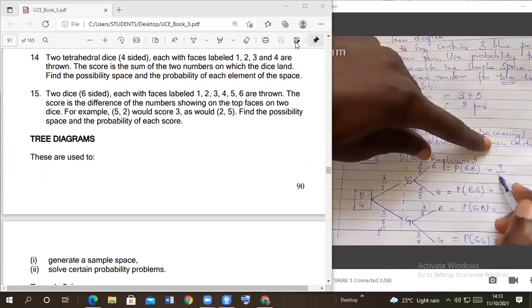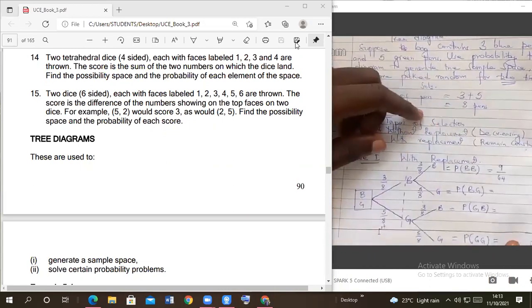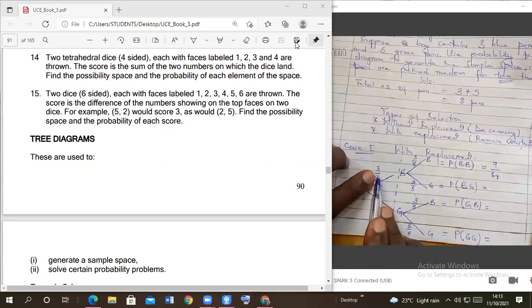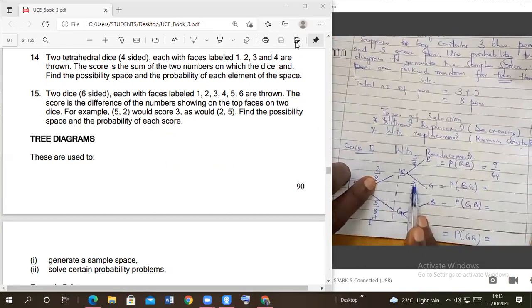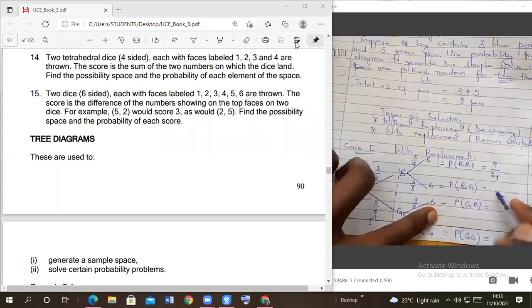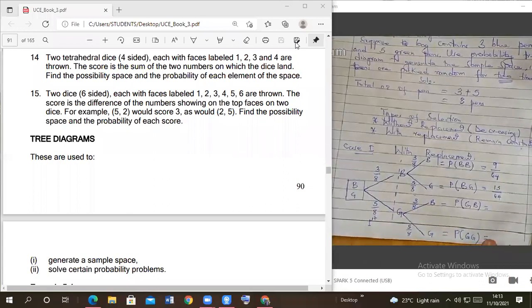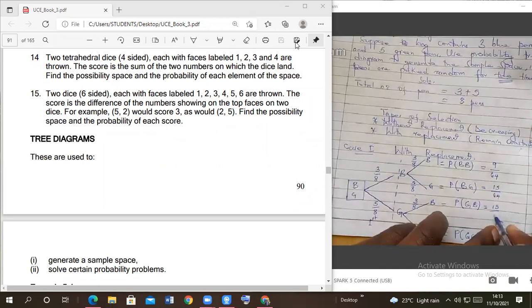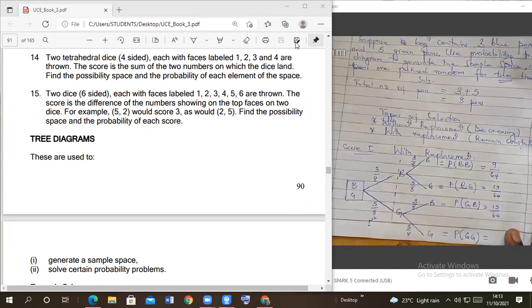Over 8 times 8, which is 64. Then we have 3/8 times 5/8. This one, 3 times 5 will give us 15. 15 out of 64. Then green and blue. So we shall have 5/8 times 3/8, which will give us what? 15 out of 64.